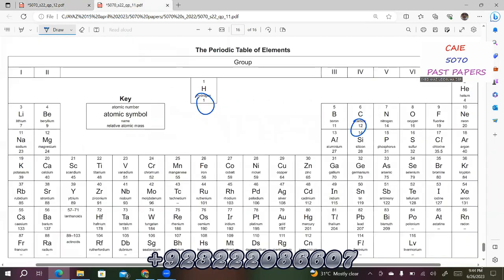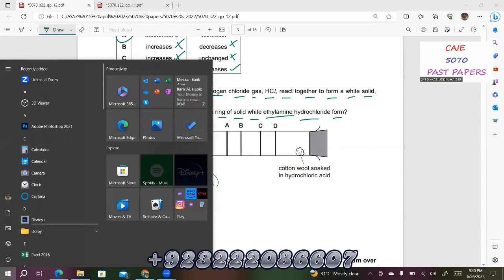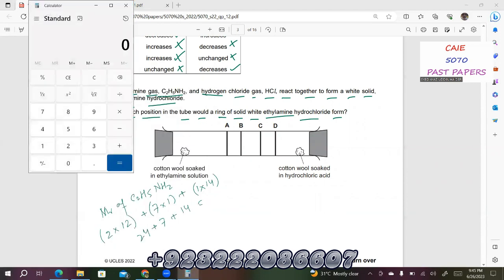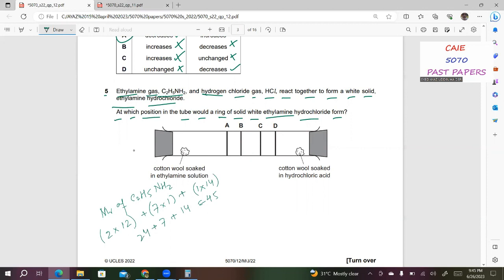Ar of nitrogen is 14. So we will multiply 1 by 14. So the final answer will be 24 plus 7 plus 14, which gives 45. 45 is the Mr of ethylamine. So I am writing 45 here.